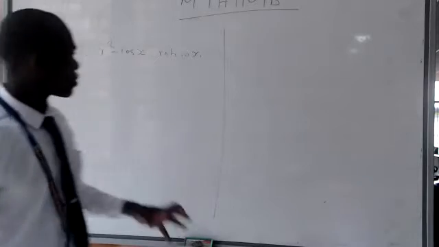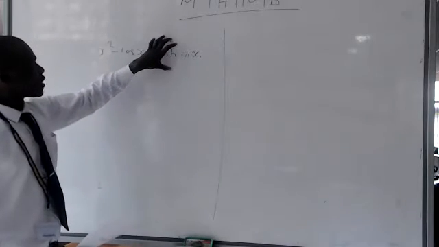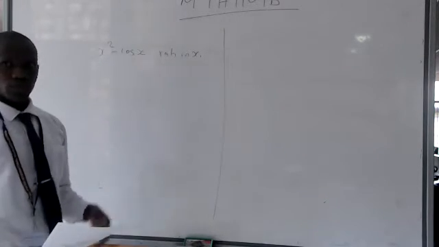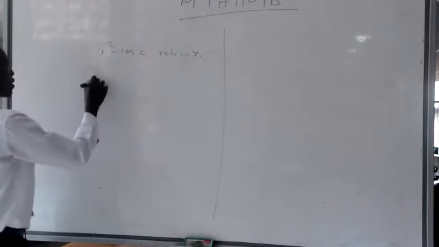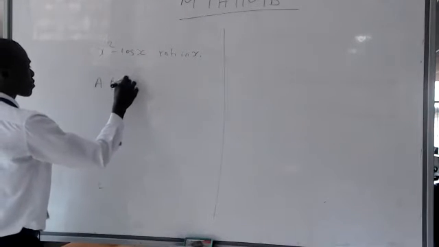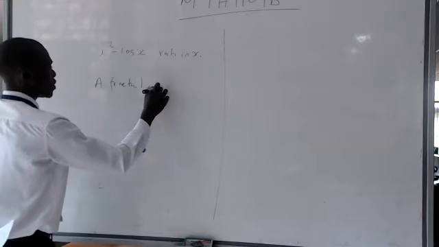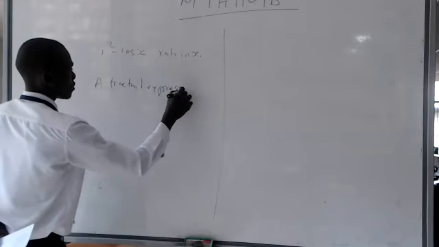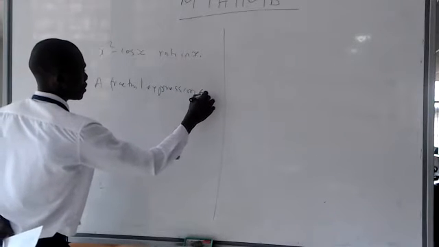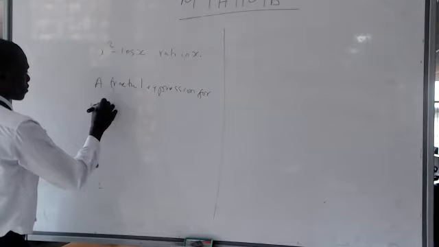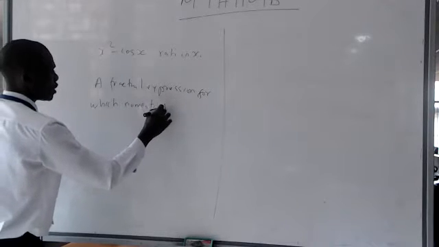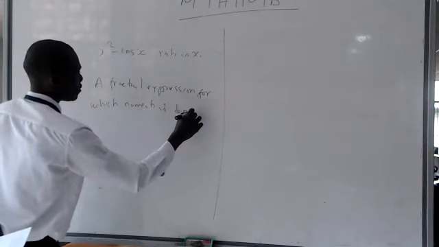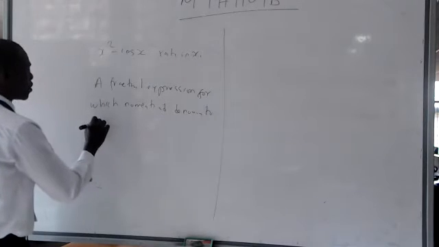So for such a question, you're supposed to refer to the definition of a rational expression. We define a rational expression as a fractional expression for which numerator and denominator are polynomials.